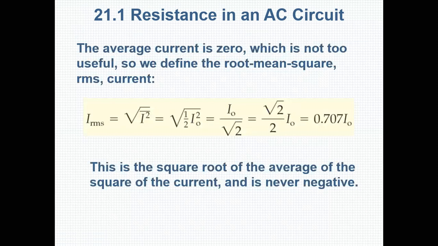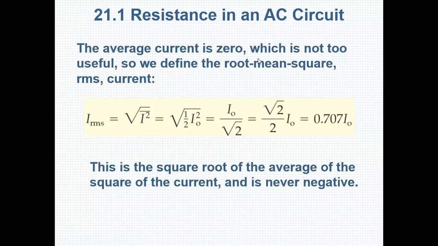Okay. So what is the root mean square current? I RMS. In a complete cycle, the total current is 0. That's why we have to calculate the root mean square current. It is the square root of the average of the square of the current, and we know that is equal to half of the square of the maximum current, or you can say peak current.